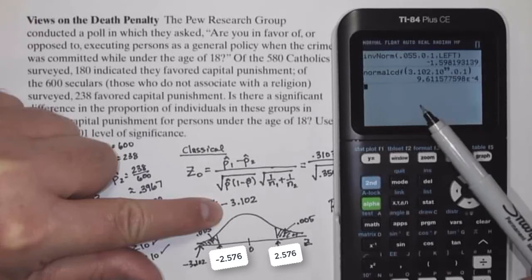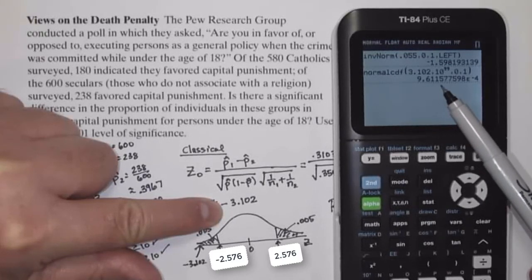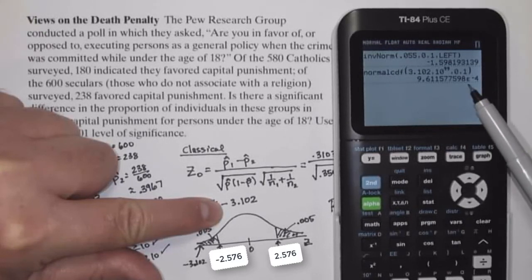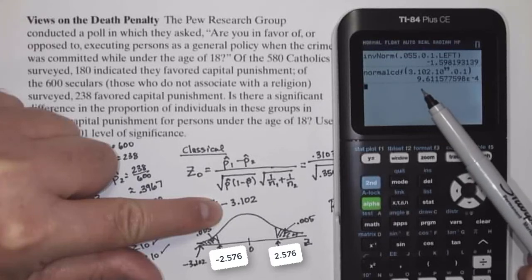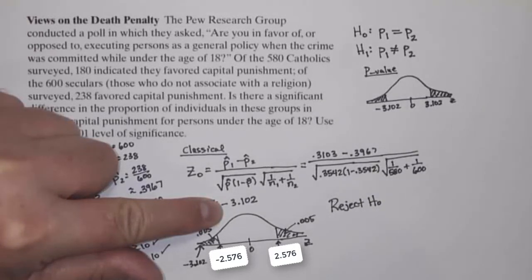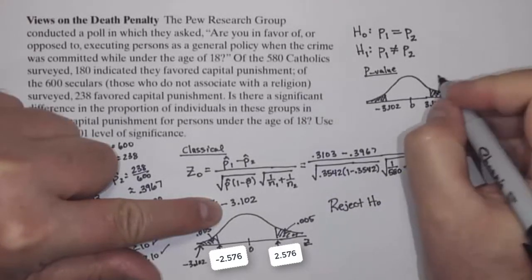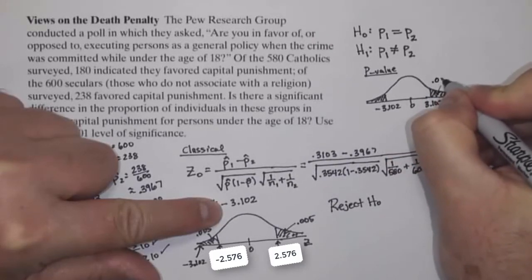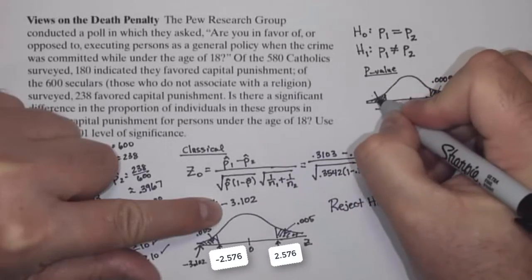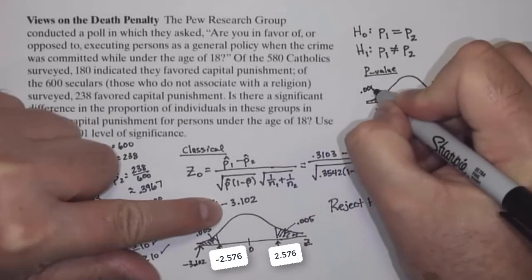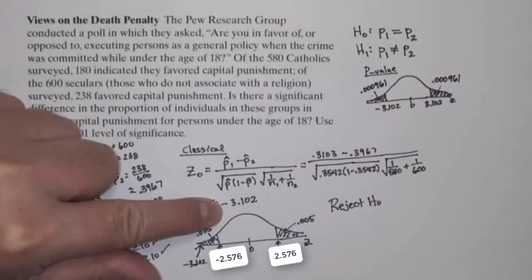I get 9.61157 e to the negative 4. Now remember, that is scientific notation, so that really means the decimal point is 4 places to the left. So this area here would really be 0.000961 approximately, which means this area is also 0.000961.